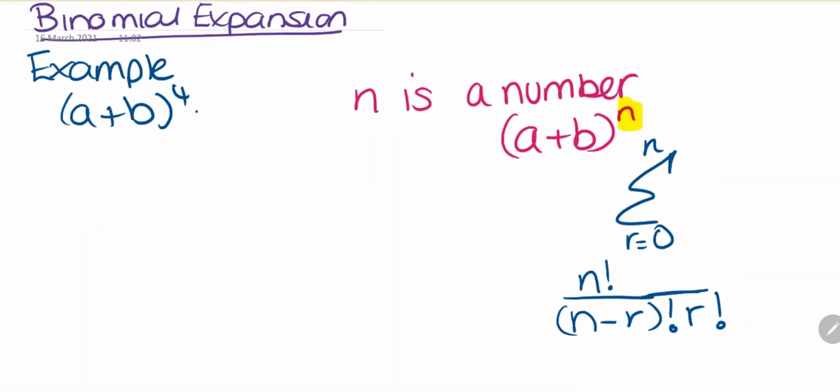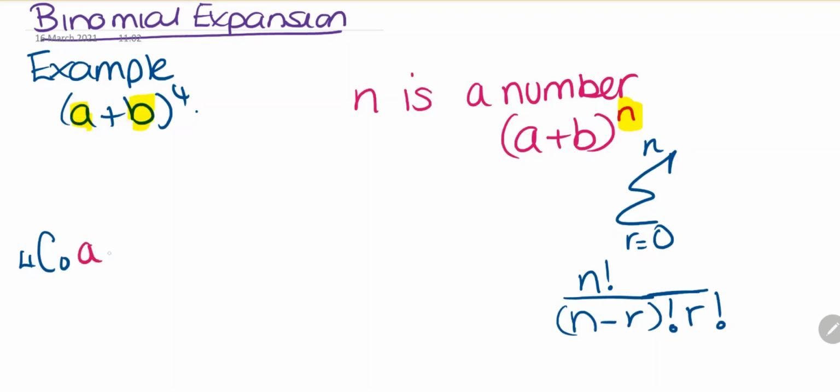So we're going to start off, if we've got a plus b to the 4, this would be 4, we start off with 0, because this is going to be our first value for r, and we're going to work our way up to get to n, which is 4. So we're using a and b.